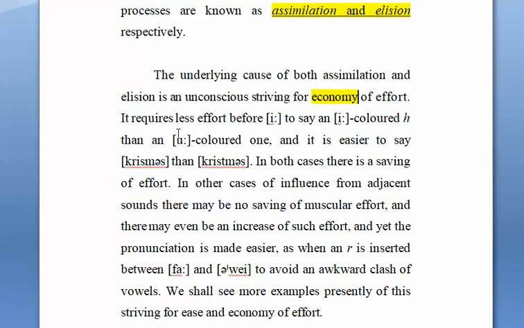It requires less effort to say an E-colored sound than a U-colored one, and it is easier to say Christmas without the t. So this transcription is easier than that transcription. In both cases, there is a saving of effort.